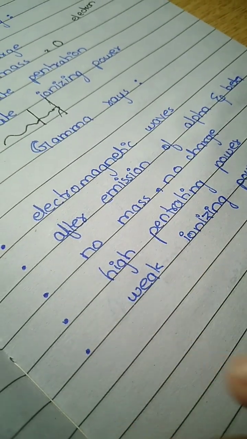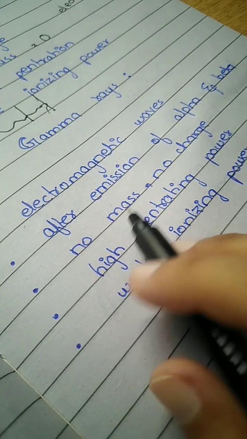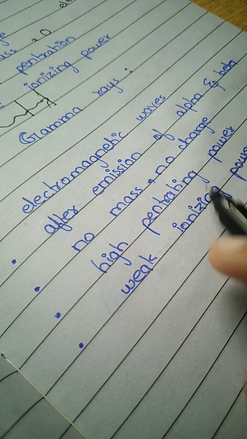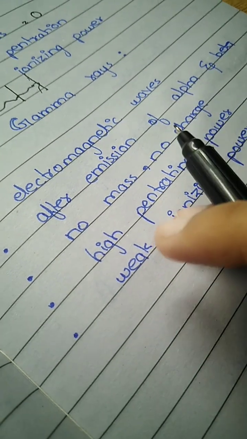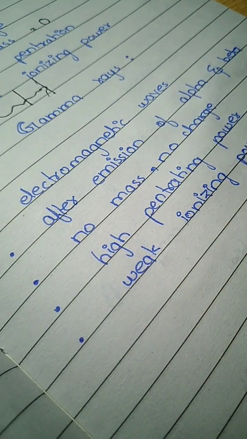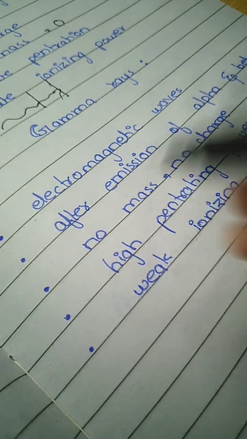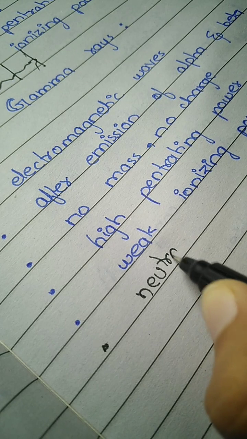It has very high penetration. If there's no mass, no charge, no collision will happen, no attraction, no repulsion. So it has the highest penetration rate, and these rays are neutral rays.